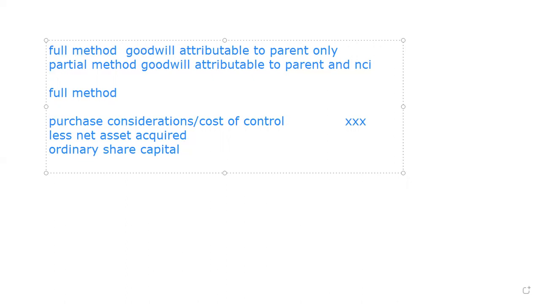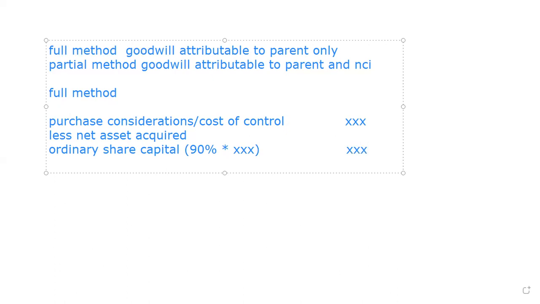It can be 70, 60, or 90. For this case, let us take 90%. We acquired a company at 90%, so we multiply this with the ordinary share capital in the trial balance, and you will get the amount there.